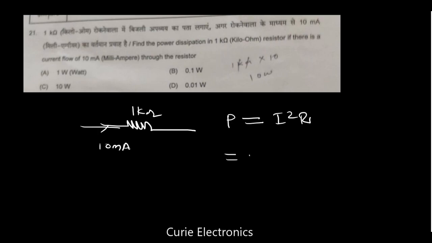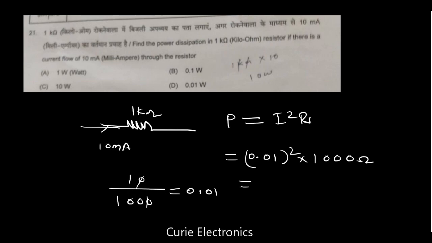I'll write it in amps. So it is 0.01, because 10 upon 1000, I am converting into amps itself. I square R. R is 1 kilo ohm, that means 1000 ohms.